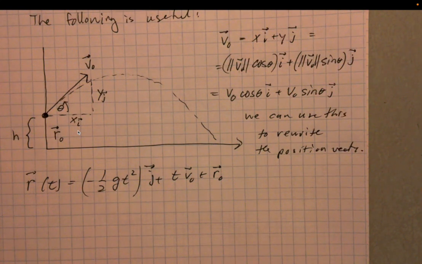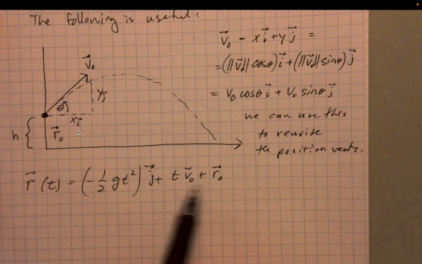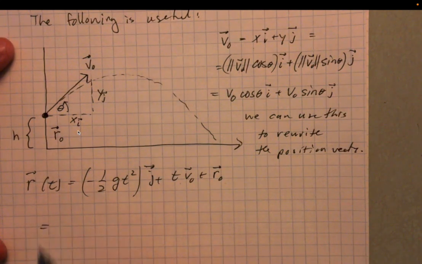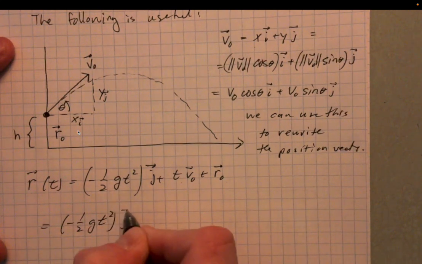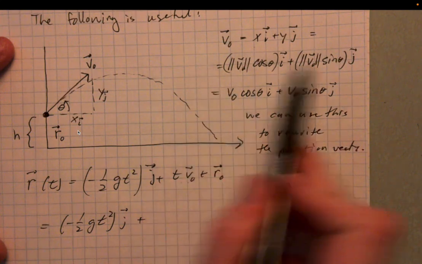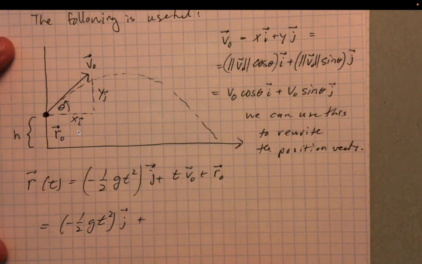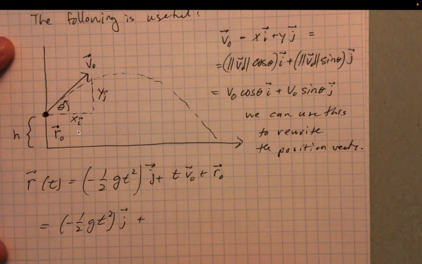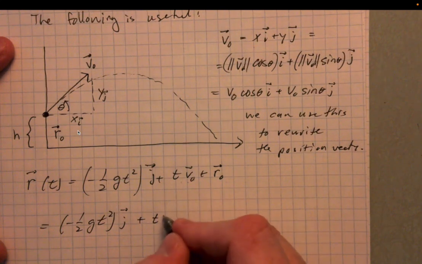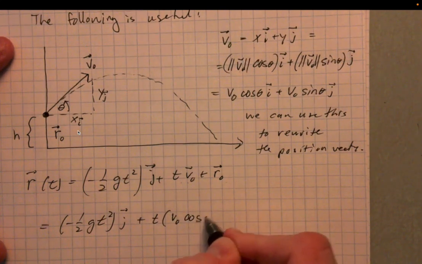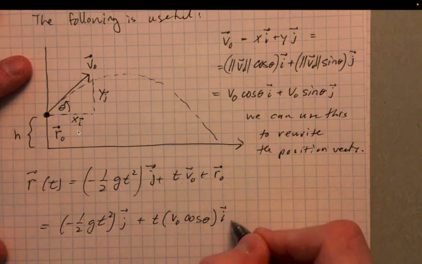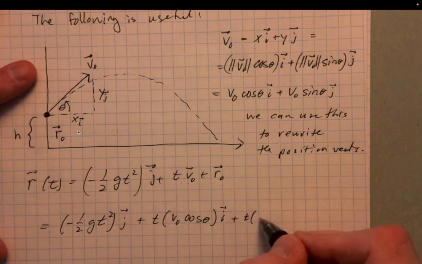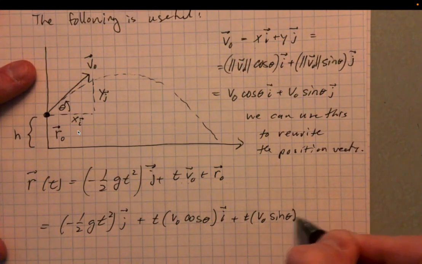Now, given v naught and r naught are not told to us explicitly most of the time, we can rewrite this as negative 1/2 gt squared times j plus, now instead of v naught, let's plug all this in: plus t times v naught cos theta i plus t times v naught sine theta times j.